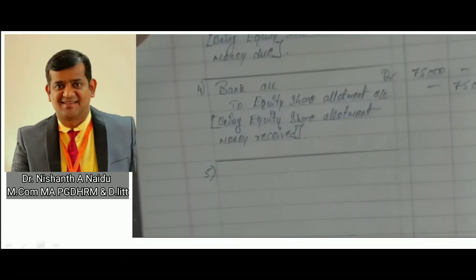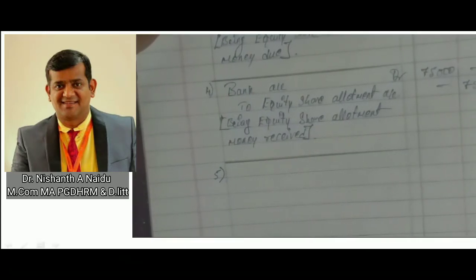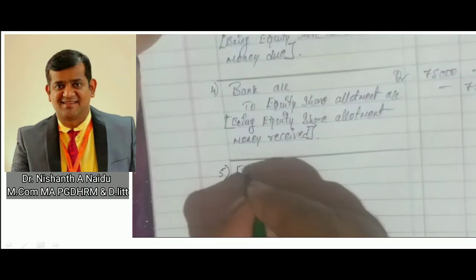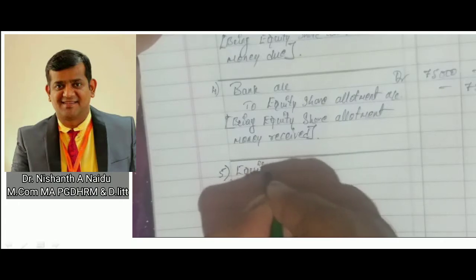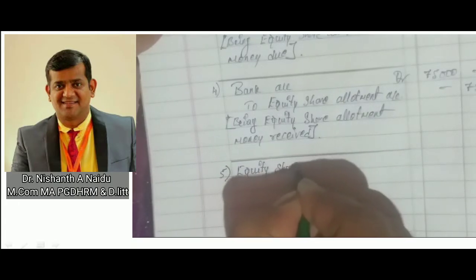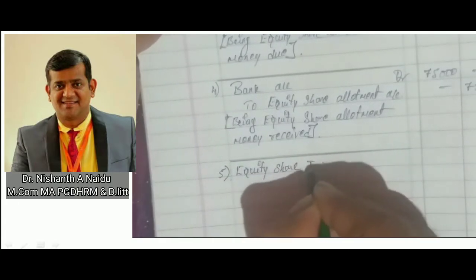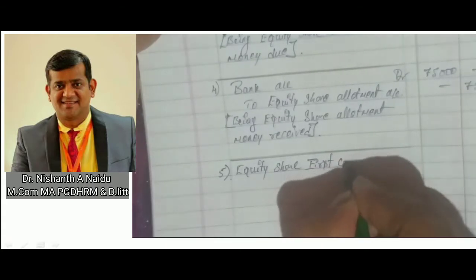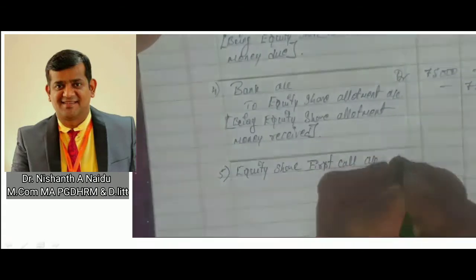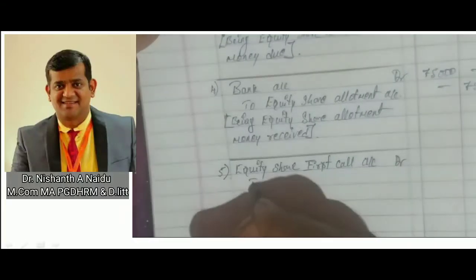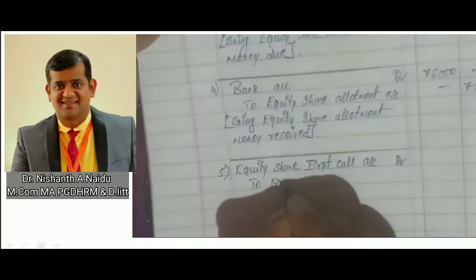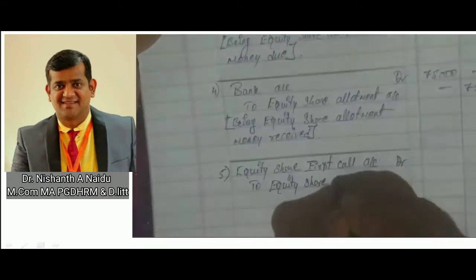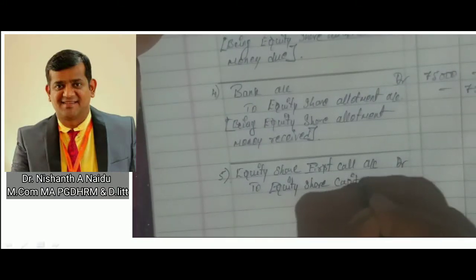So which due entry are we supposed to pass after the allotment? That is going to be equity share first call account debtor to, for which purpose I am collecting this, equity share capital account.